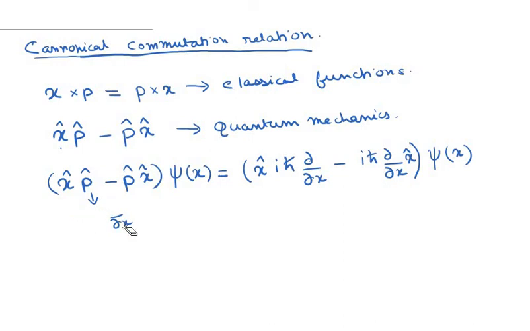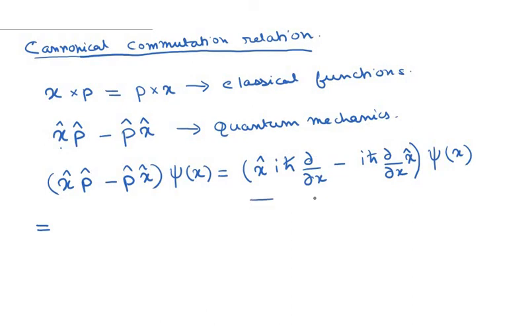Okay, now note that this is an operator here. An operator only acts on functions, or an operator only acts on numbers, but an operator cannot really act on another operator, right? An operator has to act on functions, or an operator can act on numbers. Okay, so let us just see what the result is.